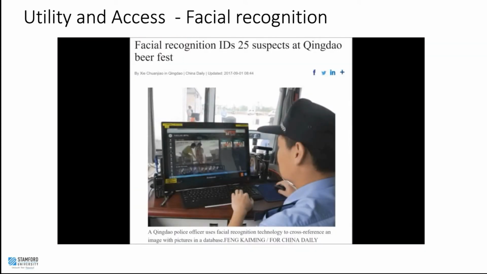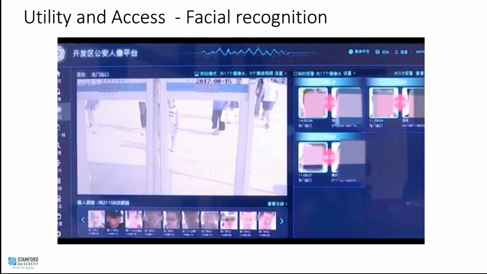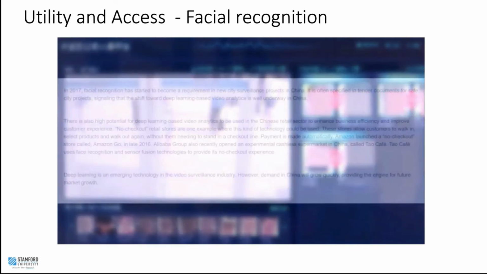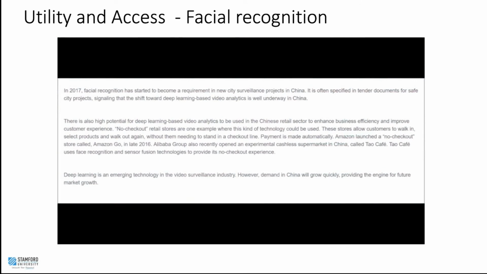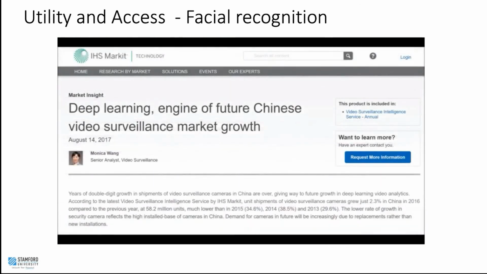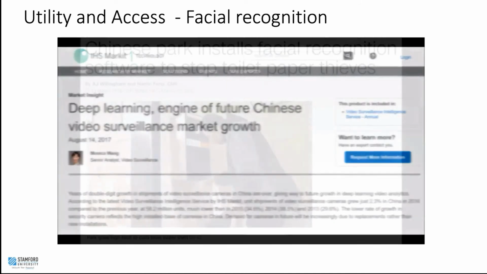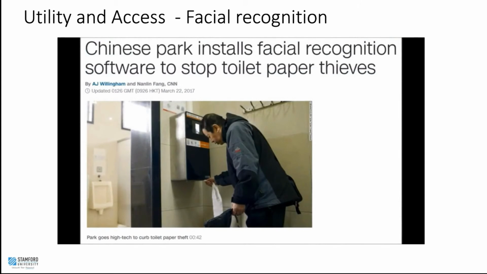Police are reported to have caught suspects by secretly scanning faces at events, including a recent beer festival. Facial recognition has started to become a requirement in new city surveillance projects in China, research firm IHS Markit said in a recent report. Face scanners even made it into the toilet stalls at a popular park in Beijing in order to stop people taking more than their fair share of toilet paper.